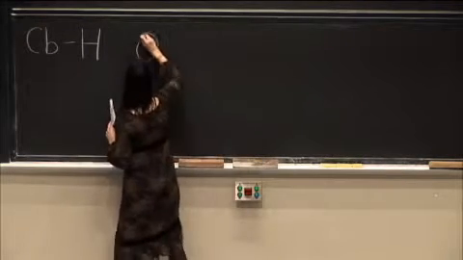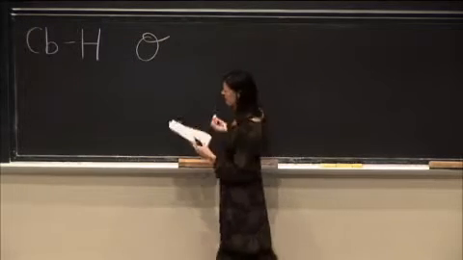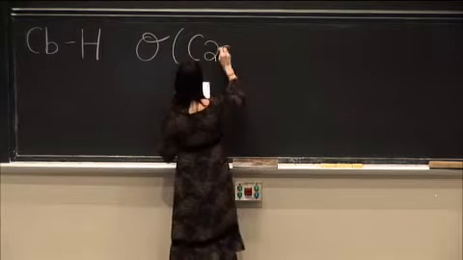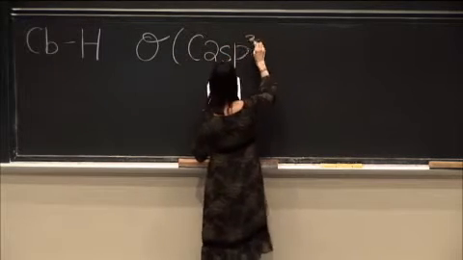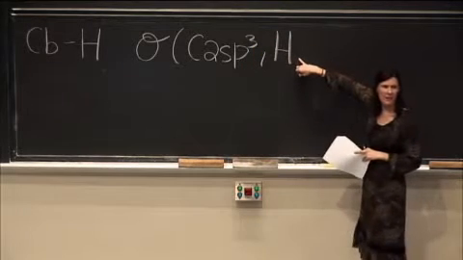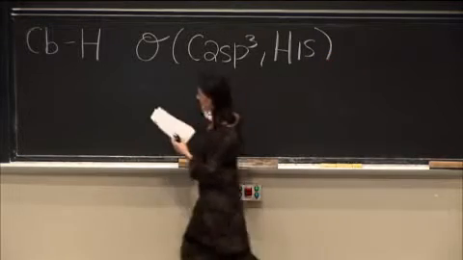Sigma. We know it's sigma because any time we have a single bond, it's a sigma bond. So carbon B, we just said, is carbon 2 sp3. And then hydrogen, what's the atomic orbital we're talking about here? 1s.